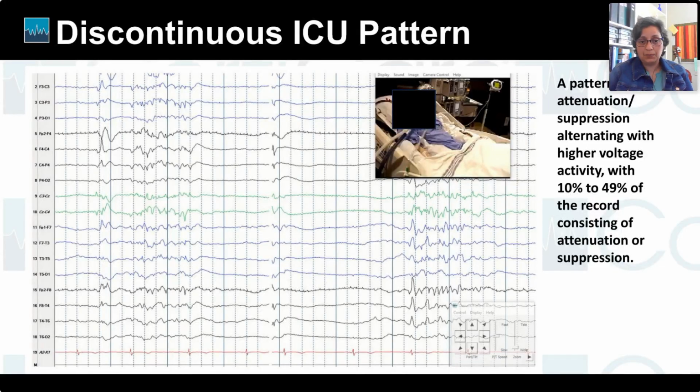So take an epoch, 15 seconds, look at at least 5 to 10 of those epochs and decide if the pattern is discontinuous or whether you are going to mark it as burst suppression or burst attenuation. So 10 to 49% of suppression in an epoch for a couple of epochs is going to define the pattern as discontinuous.